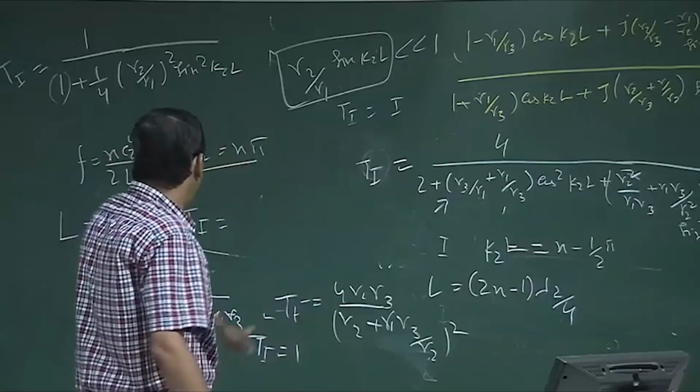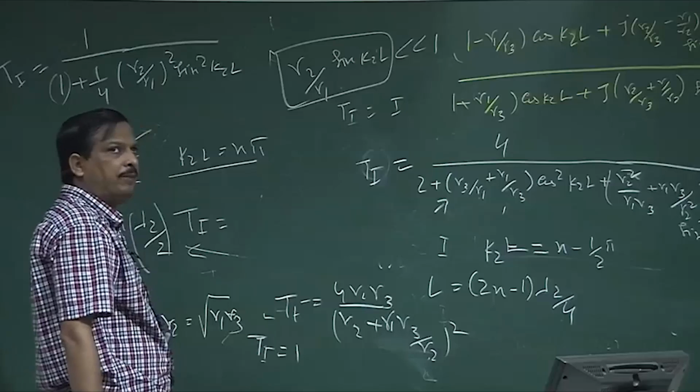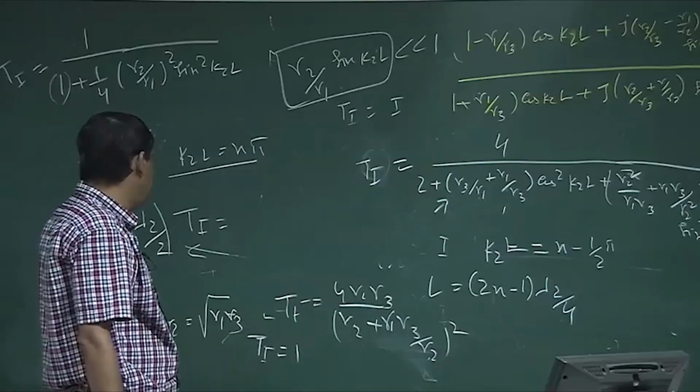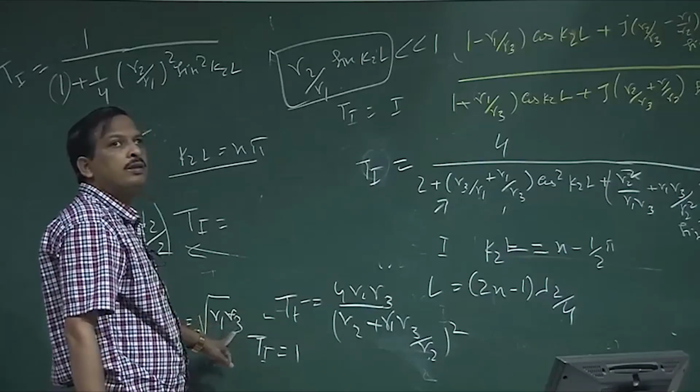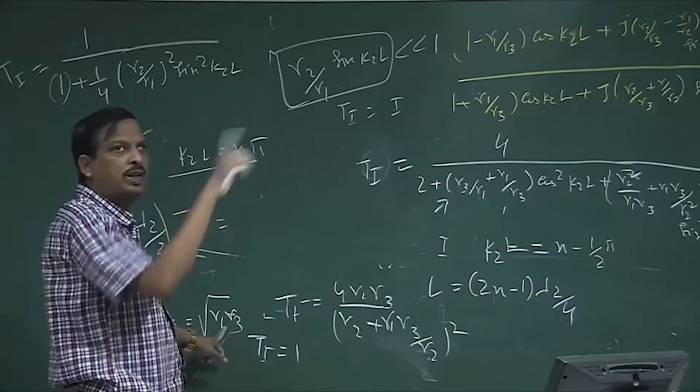Ti will be 1 if the characteristic impedance of the second or intermediate medium is the geometric mean of the other two media.